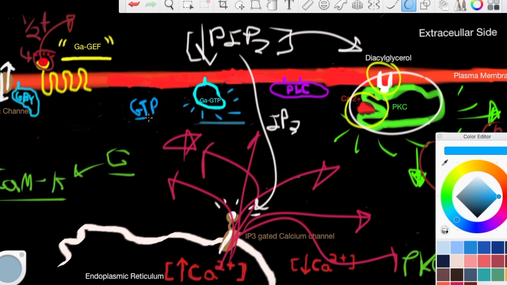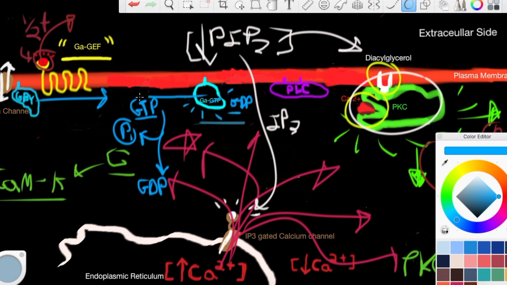It self-hydrolyzes because it is a GTPase. That's right. And so once you hydrolyze that GTP, the G protein beta gamma subunit will come back, as well as the G protein alpha subunit with the GDP, and form that heterotrimeric G protein we started with in the beginning of the module. And thus you could activate the signal cascade again.